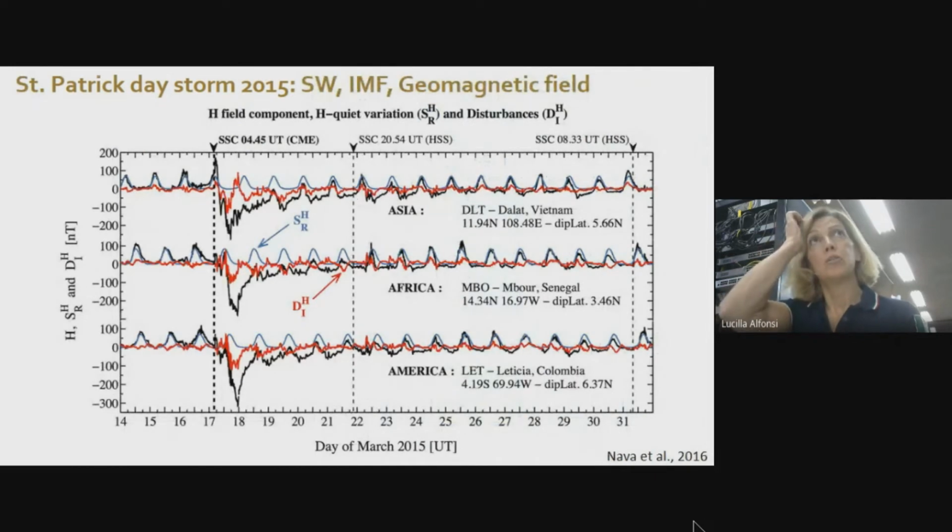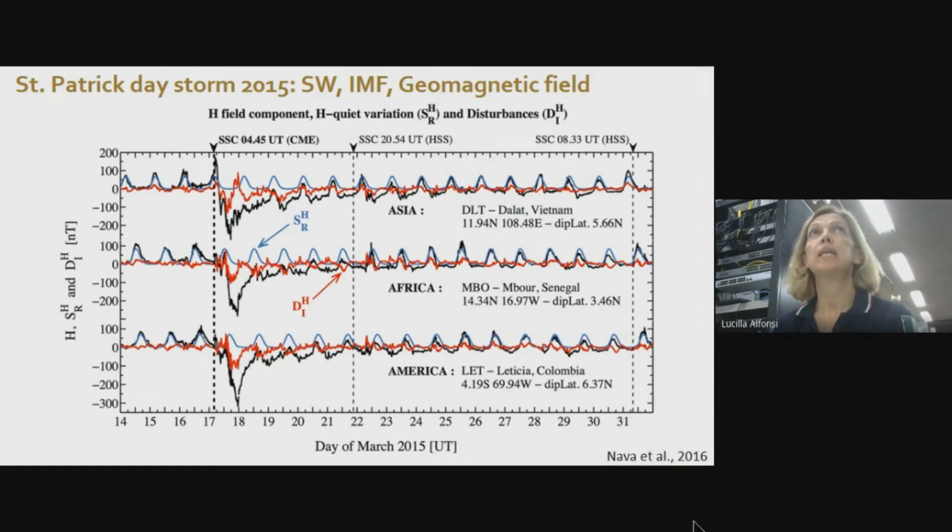So let's go to see the reaction of the geomagnetic field from another paper, Nava and colleagues, 2016. The reaction of the geomagnetic field to the same storm, of course, looking at ground-based observation from magnetometers.